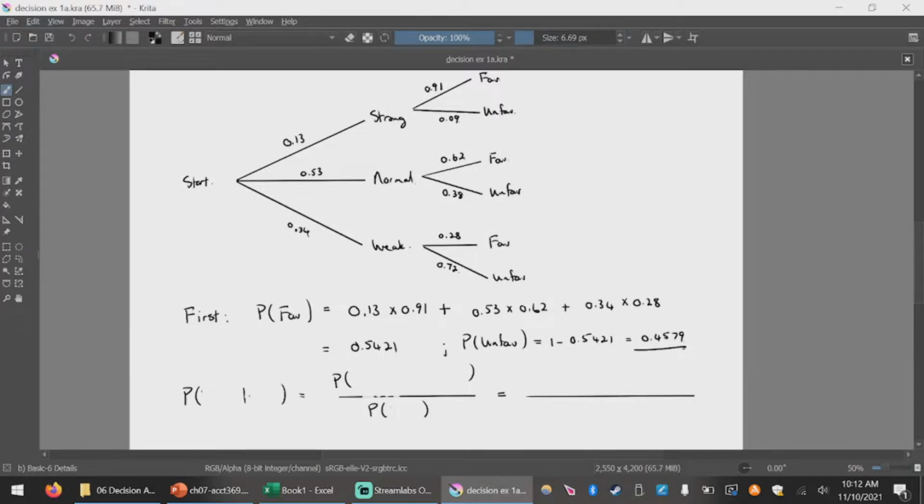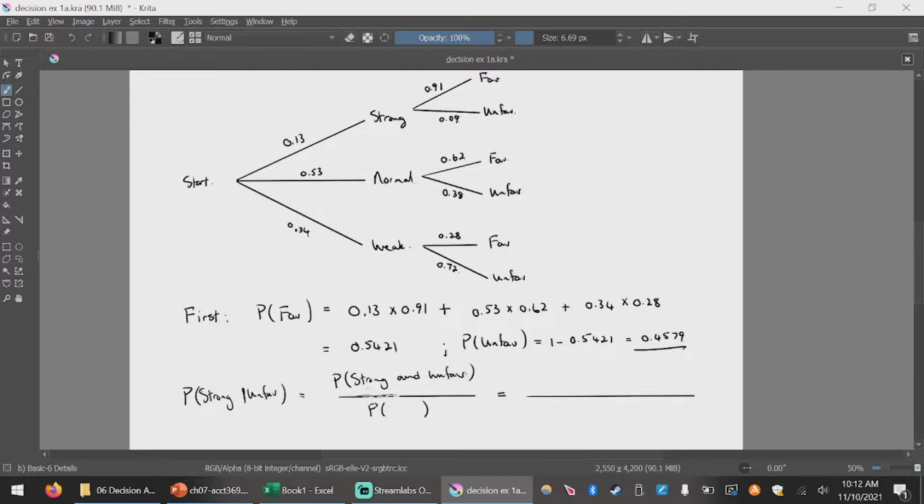There we go, 6-ish. So now, for example, the first one will be, what is the probability of the market being strong if the survey says unfavorable? Well, it's a conditional probability. I can always rewrite a conditional probability as a fraction of two conventional probabilities.